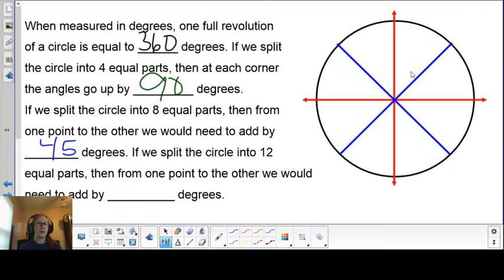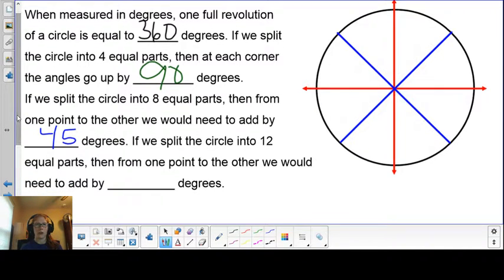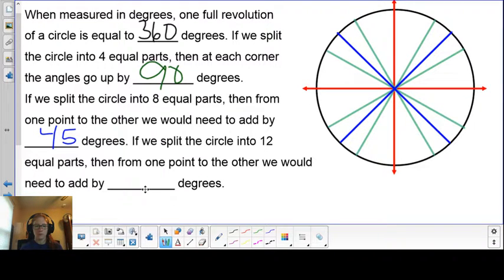Now, when we split it in 12, my blue lines won't matter anymore because they won't add up correctly, but my new color and my red will. Those ones will go up by 30 degrees. And I realized I did my colors backwards, I'm sorry.